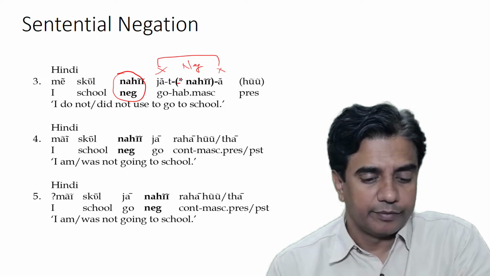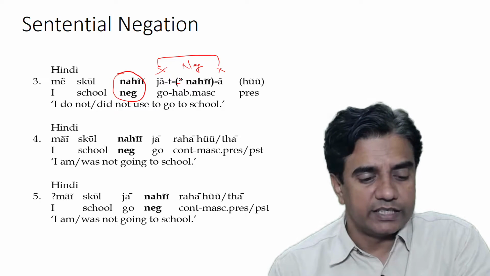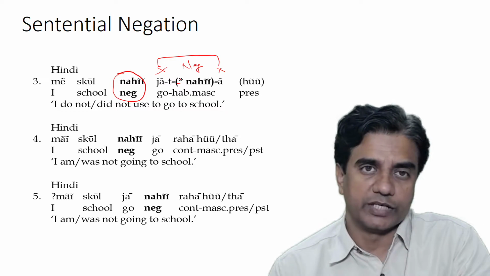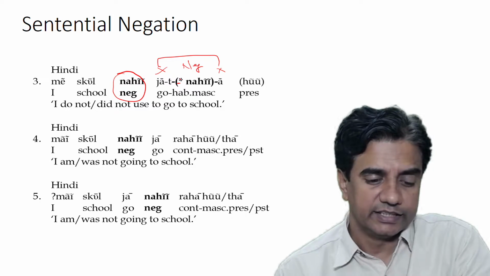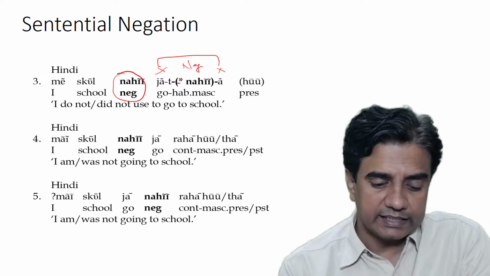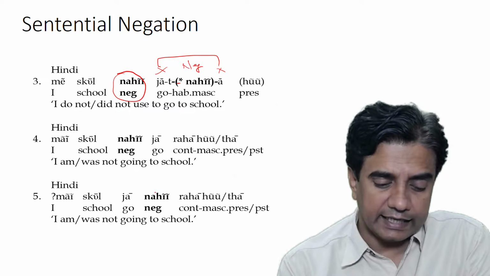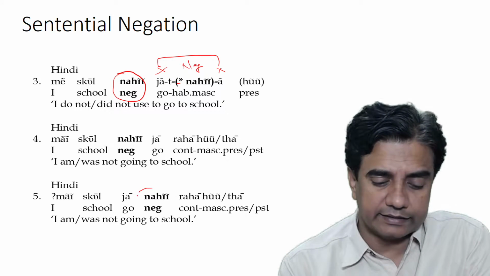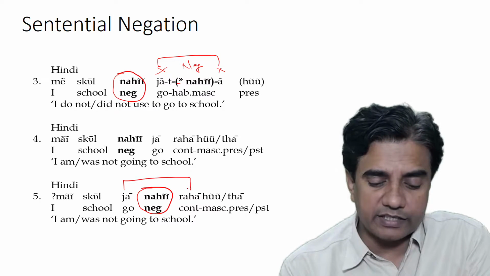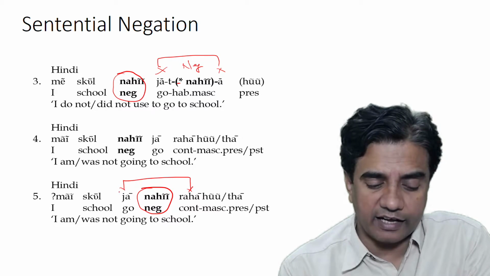Similarly, we see मैं स्कूल नहीं जा रहा हूँ and मैं स्कूल नहीं जा रहा था. However, in sentence 5, what we see is that the occurrence of negation in between ja and raha is okay.